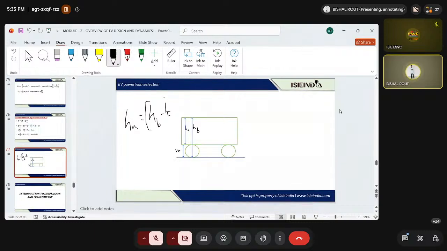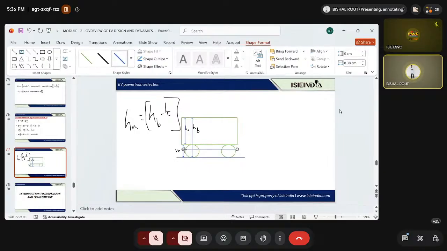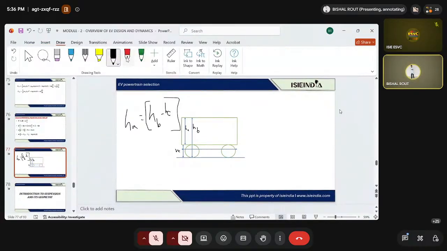And you have a specific width of the vehicle. From the front, you have some width; in 3D, you definitely have a certain width of the vehicle. Let us suppose this is the complete width of the vehicle, and let us call this width WA.